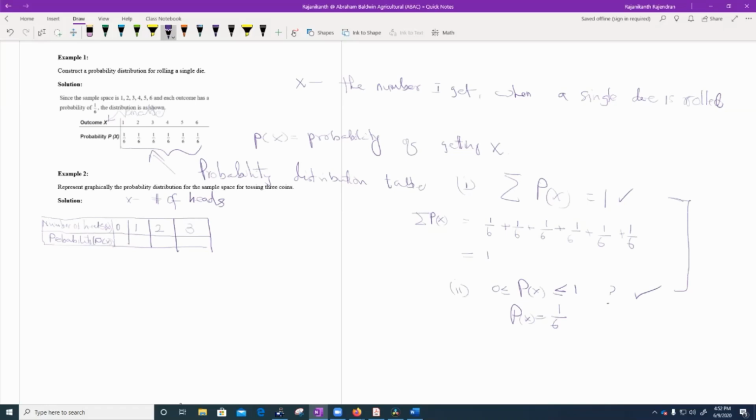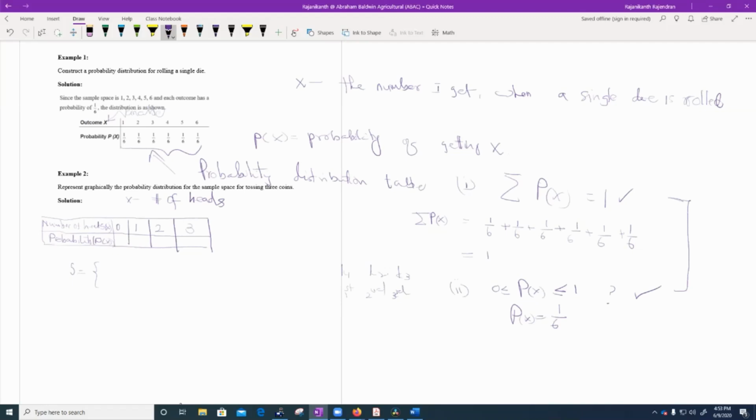If you look at the corresponding probability, ask yourself, what is your sample space? How many possibilities should your sample space have? Remember, now you are performing three experiments: first coin, second coin, and third coin. The counting principle says if you have K1 possibilities for the first one, K2 for the second one, and K3 for the third one, the number of possibilities for all three experiments is simply K1 times K2 times K3.